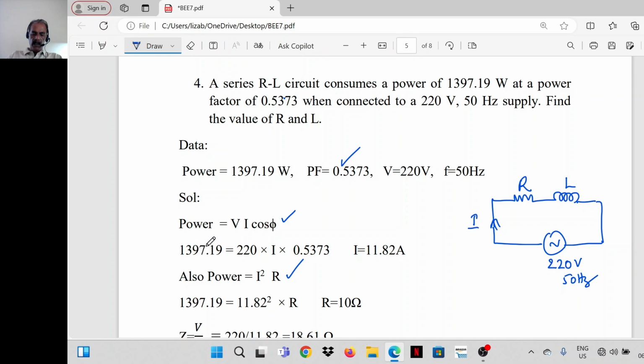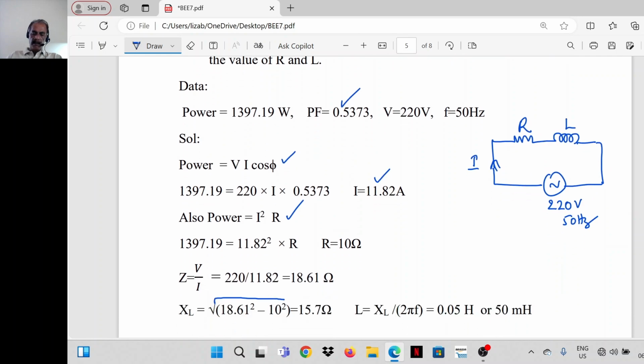So 1397.19 is equal to 220 into I into 0.5373, from which we can find the value of I equal to 11.82 ampere. Again, power consumed by the circuit is also I square R, and I is known now. So 1397.19, that is power, is equal to 11.82 square into R, from which we can find R as 10 ohm.